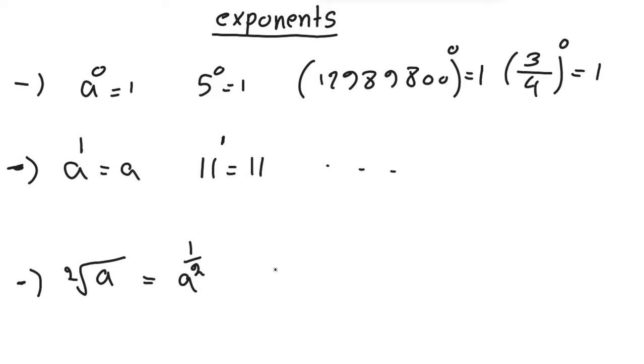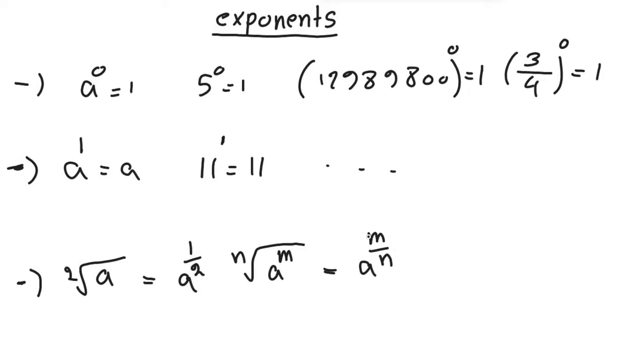Or if you have a to the power of m under a square root, or in general I will write n instead of 2, to make a general rule, it's equal to a to the power m over n.